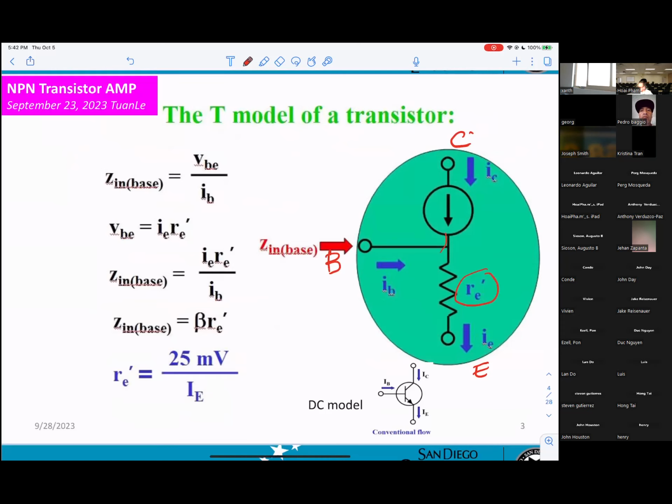They substitute it by a resistance, r prime e. And that resistance can be calculated by this formula: r prime e equals 25 millivolt divided by IE. That is the formula to calculate r prime e for a bipolar transistor.